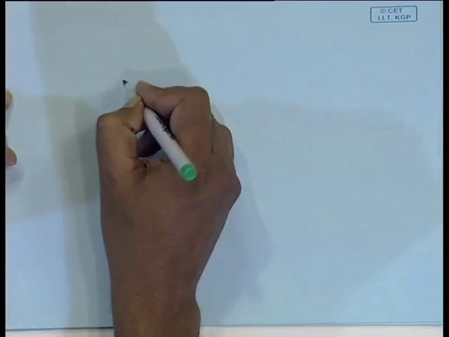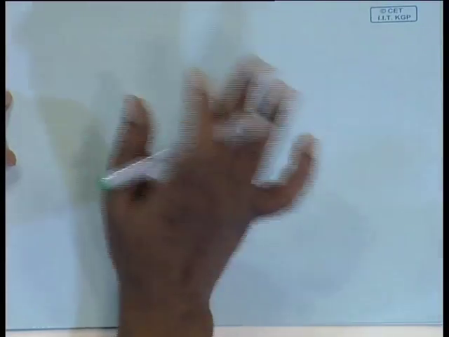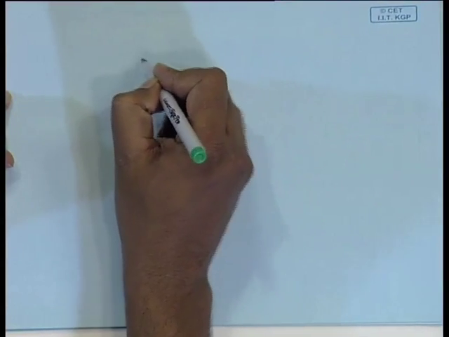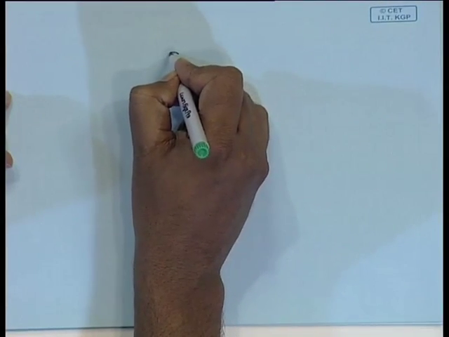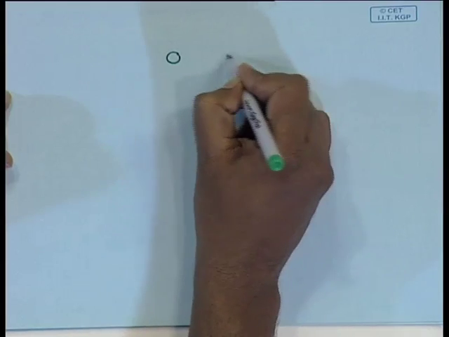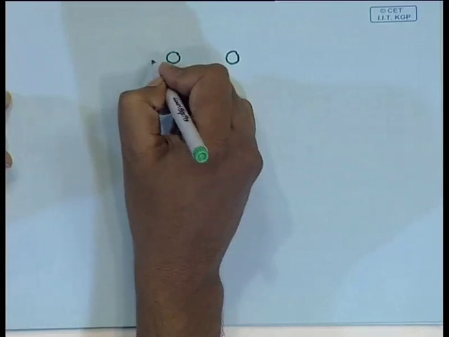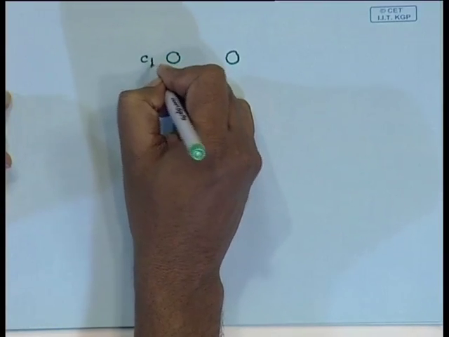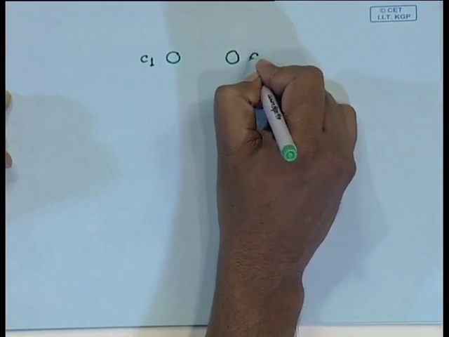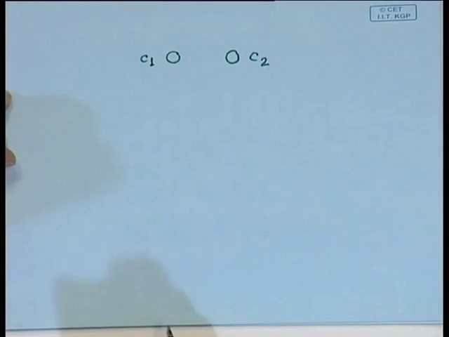I assume that there are two classes, class 1 and class 2. So, obviously, in the output layer I will have two nodes, the first node corresponding to class 1 and the second node corresponding to class 2.